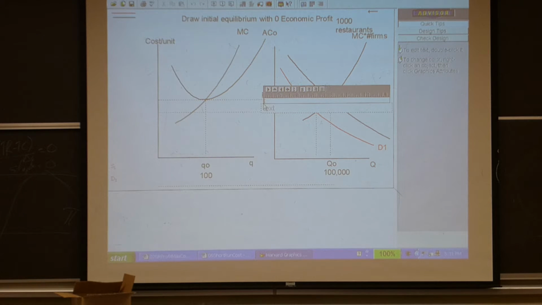Price will fall. Quantity will fall. Now notice, the output of the firm: although we found the equilibrium price by the information I gave you, we knew it was at minimum, the price dictates the output of the firm. So this firm is now producing here.